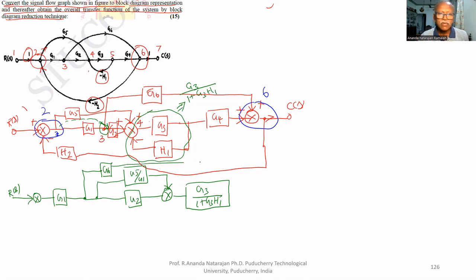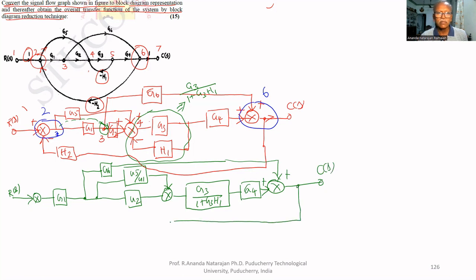G6 is coming here. After this, G4 is there, and it is coming here and added here. C of S. H2.